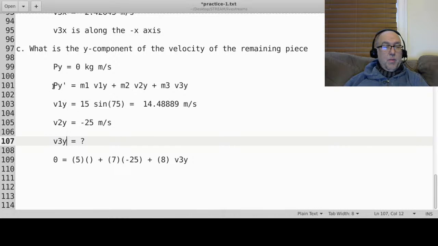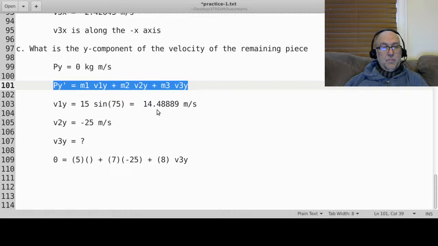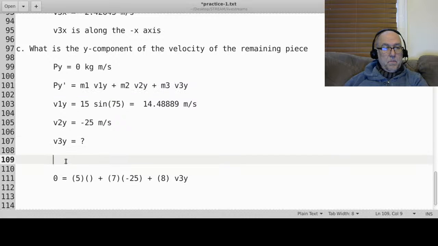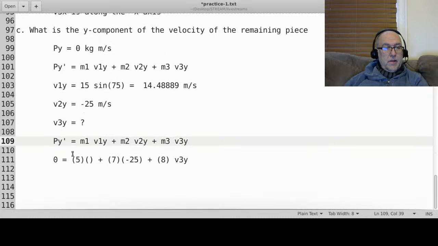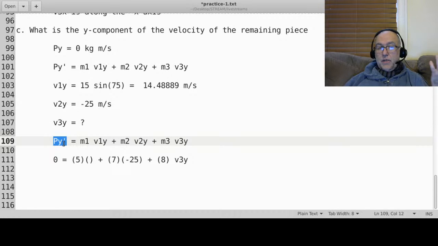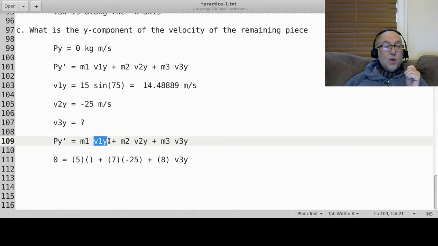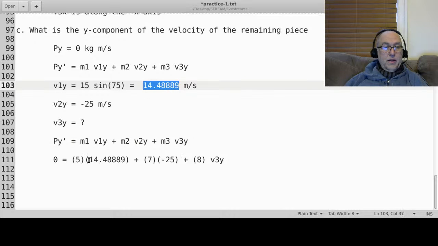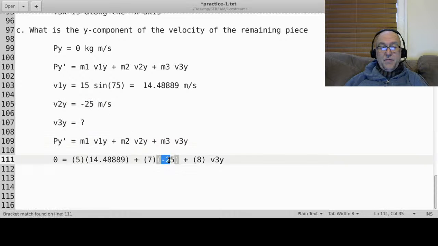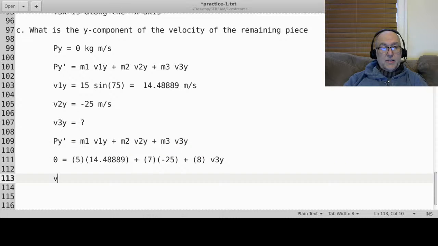Now when we plug in, I can just copy and paste all this. Momentum y component is still 0. m1 is 5 and v1y is this number right here, and m2 is 7, v2y is still negative 25. m3 is 8, and v3y is unknown.